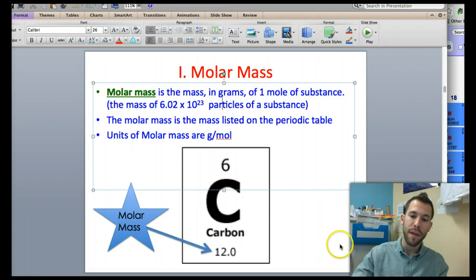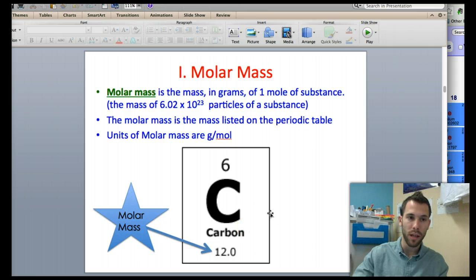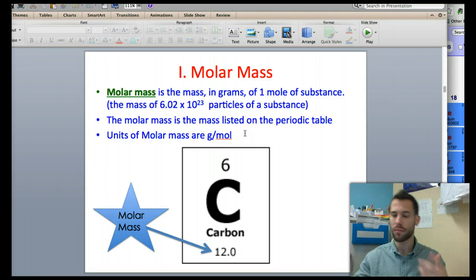And it's actually found on the periodic table for almost every element. In fact, every element that is in existence that we've discovered. Here we have carbon. And carbon, its atomic mass is 12. And that actually happens to be the exact same thing as the molar mass. So here we have 12, and the units of molar mass are grams over moles. So we have 12 grams for every 1 mole. And it's as simple as that.